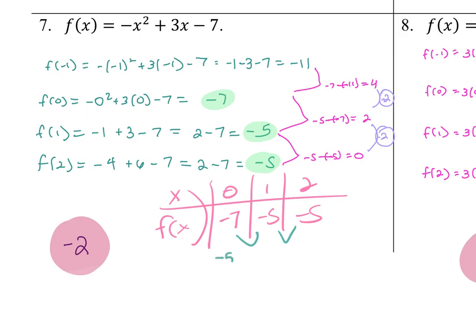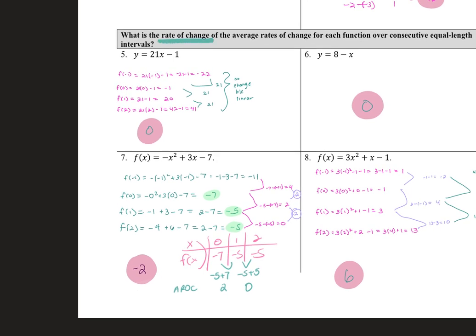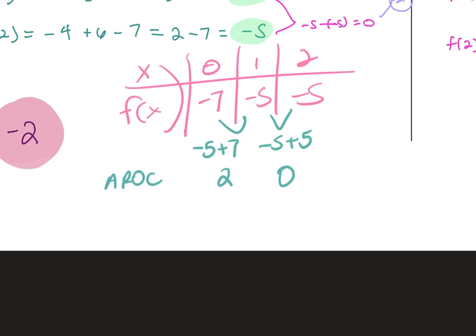So -5 minus a -7 becomes -5 plus 7, which is 2. And -5 minus a -5 becomes -5 plus 5, which is 0. This is your average rate of change. This is asking for the rate of change of the average rate of change. So we have to go one more, and I would do 0 minus 2.